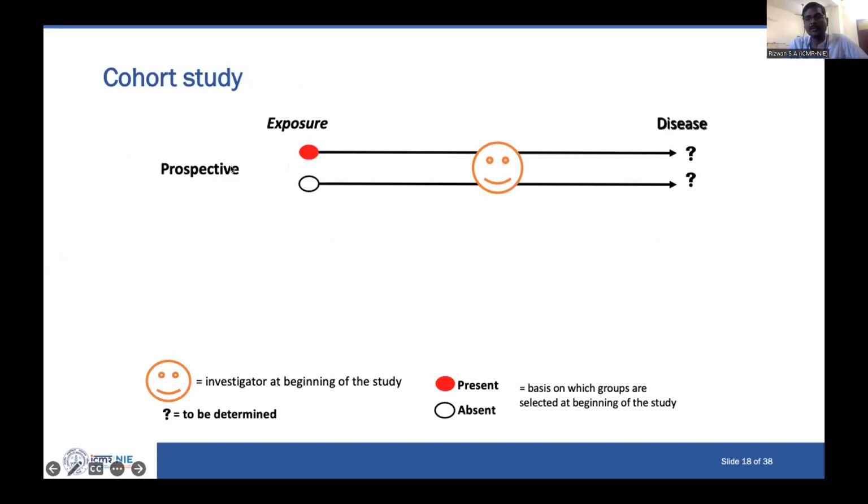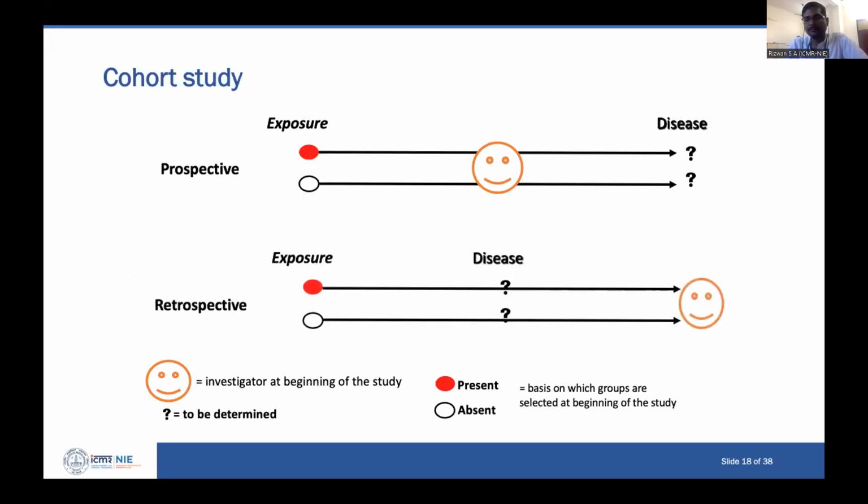These are called prospective studies. None of the participants have the disease when you are entering the study. You have started observing them and you are going to look into the future to see whether they developed the disease or not.